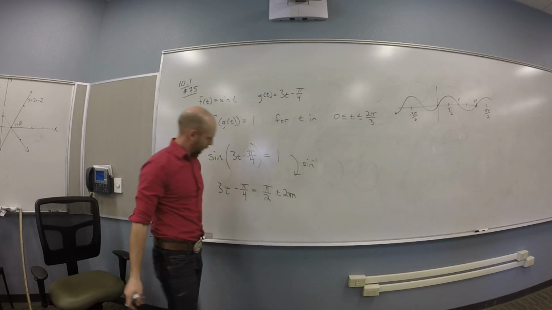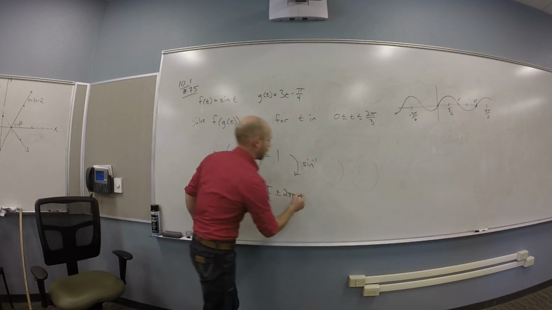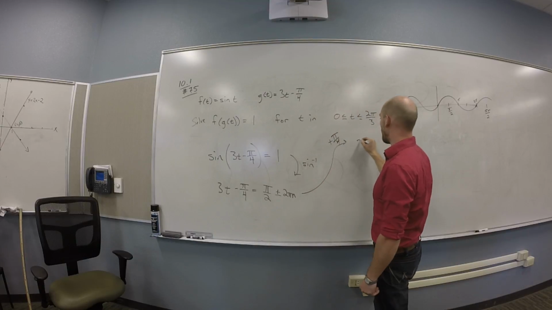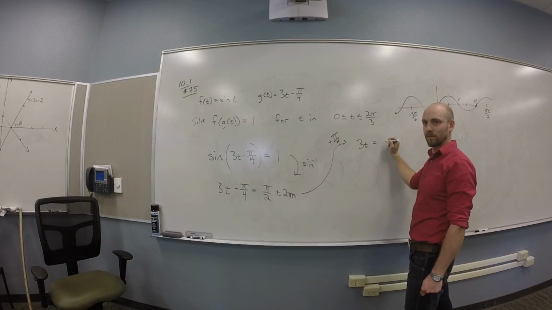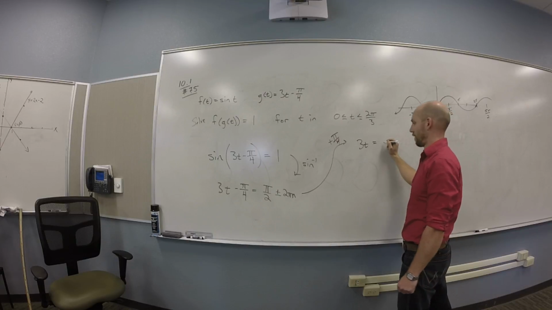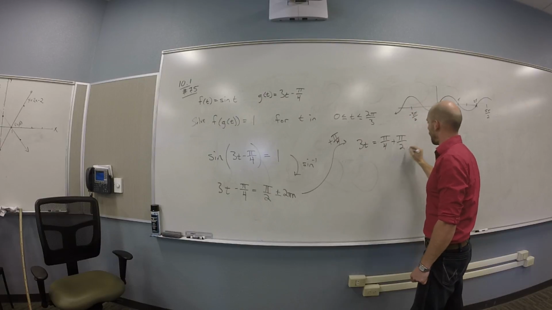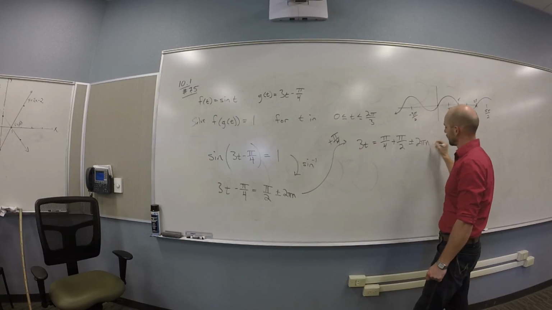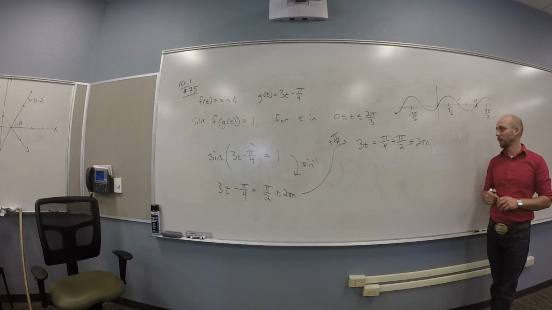So then what? Minus pi over 4. Or add pi over 4 to both sides. So you got 3t is pi over 4 plus pi over 2 plus or minus 2 pi n.